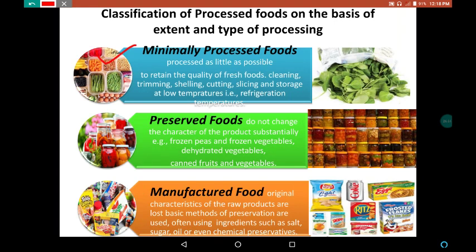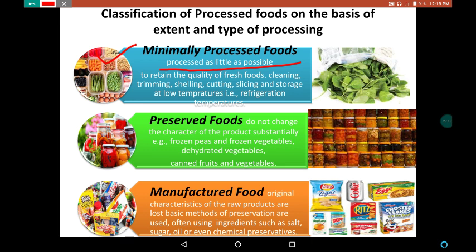First is minimally processed food. As the name indicates, these are processed as little as possible, to retain the quality of fresh food.